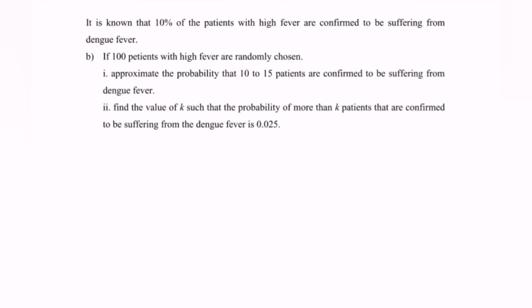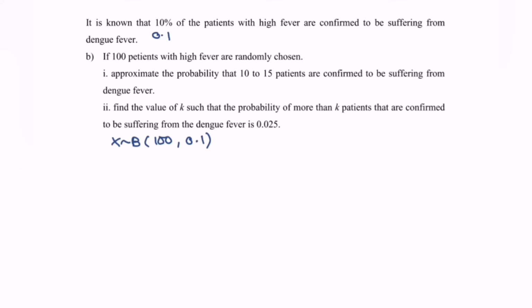Another example, it is known that 10%, meaning 0.1, of the patients with high fever are confirmed to be suffering from the fever. If 100 patients, that means x is binomially distributed with 100 patients and with the probability for fever 0.1. Next, kindly refer to the situation.